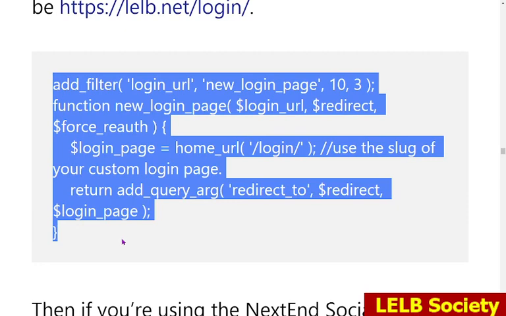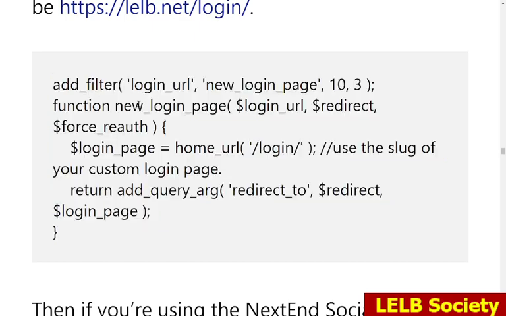Remember, you need to just add this code exactly to the end of your functions.php file, and on line 4 actually, you need to change this part. This is your domain, home URL is your domain, and you need to just change this value to the slug of the page you want to make your WordPress login page.